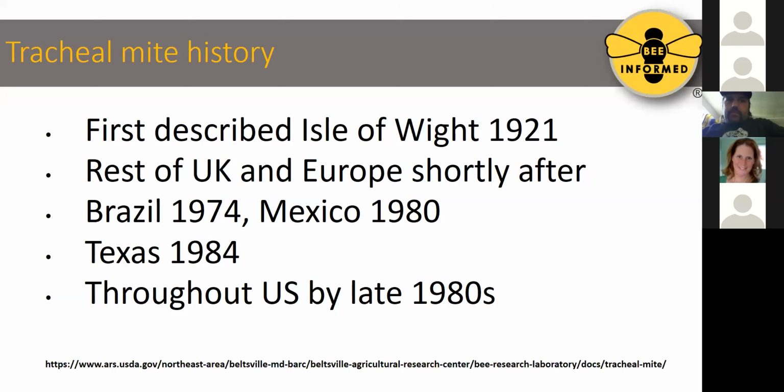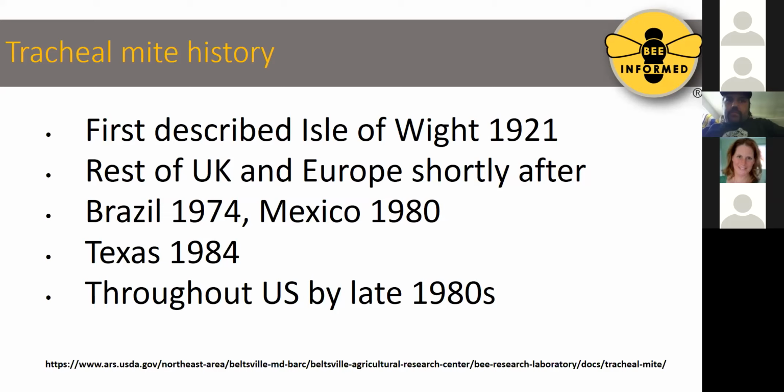Interestingly, shortly after they were discovered, the United States passed the Honeybee Act of 1922, which banned the import of honeybees from infected countries. So that was an early biosecurity measure there. It did spread through Europe pretty quickly, or it was found in Europe shortly after it was found in the United Kingdom. Despite these bee shipment regulations in the United States, it did cross the Atlantic, was found in Brazil in the 70s, and then in Mexico in 1980.